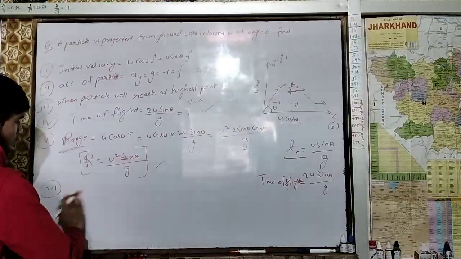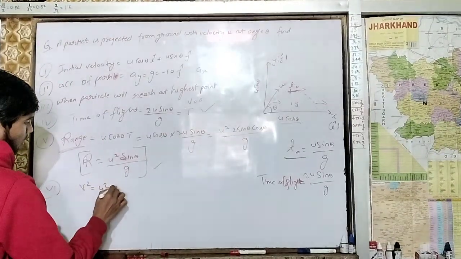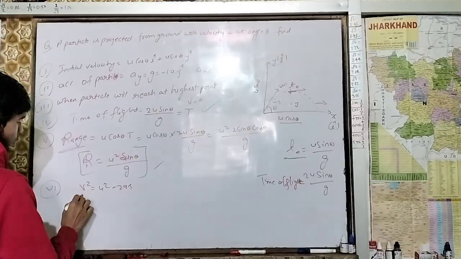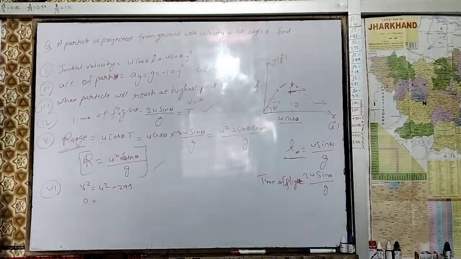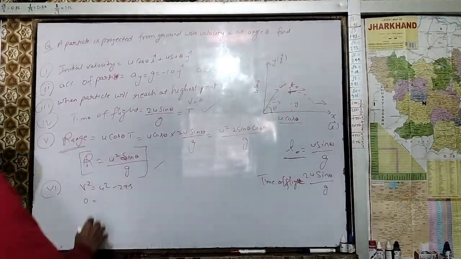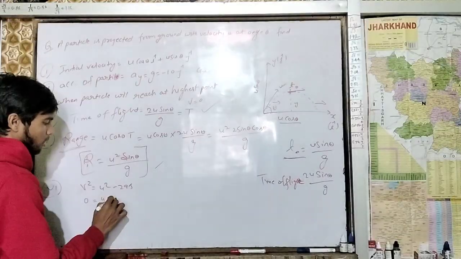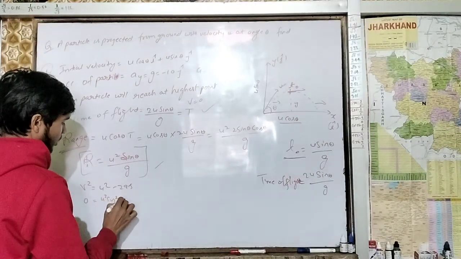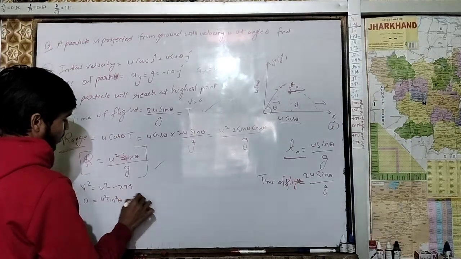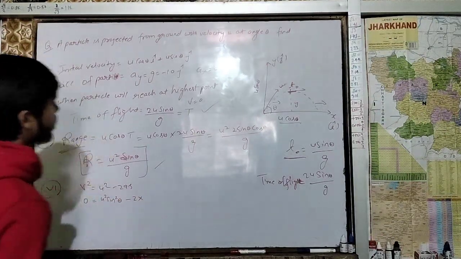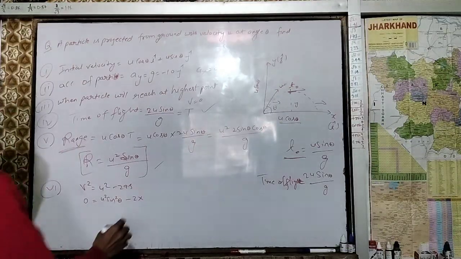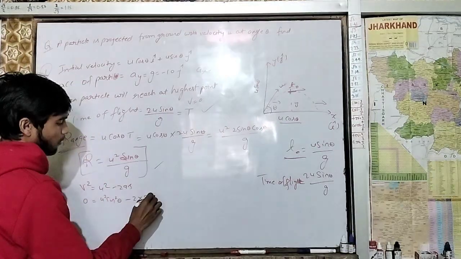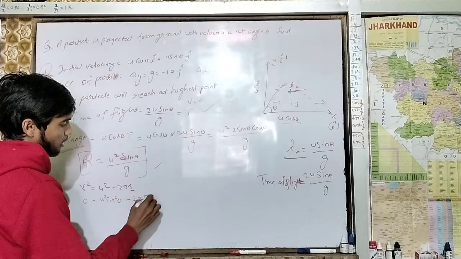Or rather, not this equation, but v square is equal to u square minus 2as. So v square is 0, and u square is u square sin square theta, minus 2 times a, where a is going to be z, and s is the maximum height.